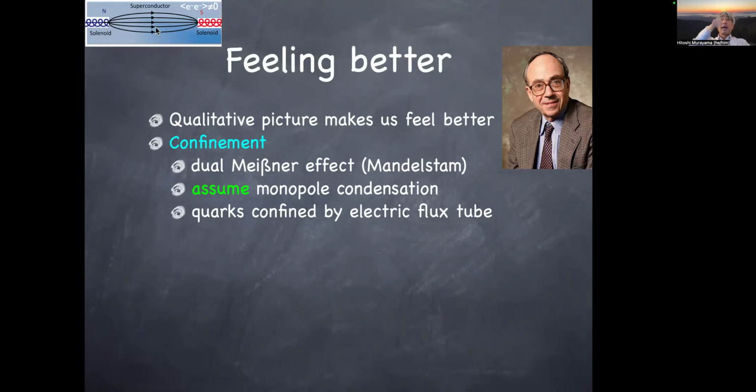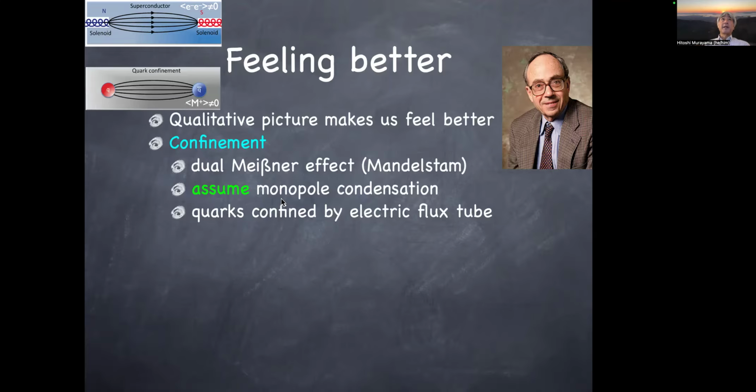So the total energy is proportional to the length. So if we have a solenoid on one end and another solenoid on the other end, the total energy of the magnetic field inside a superconductor is proportional to the distance between the north pole and south pole of the solenoids. So there is a linear potential between two solenoids.